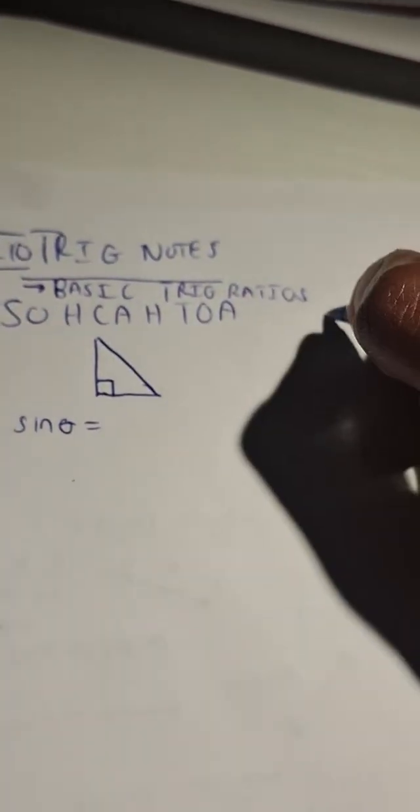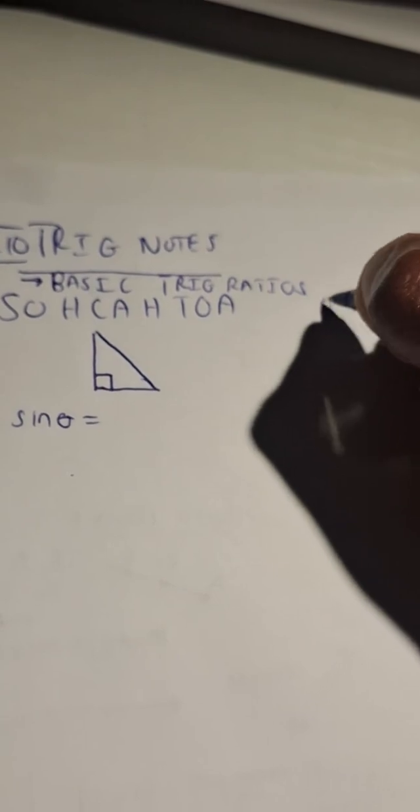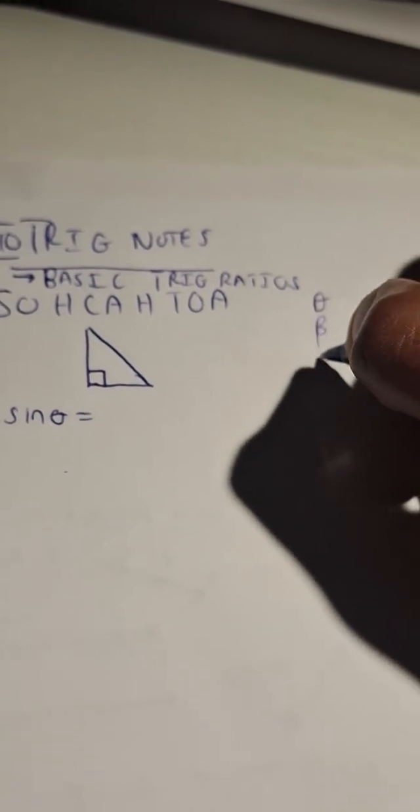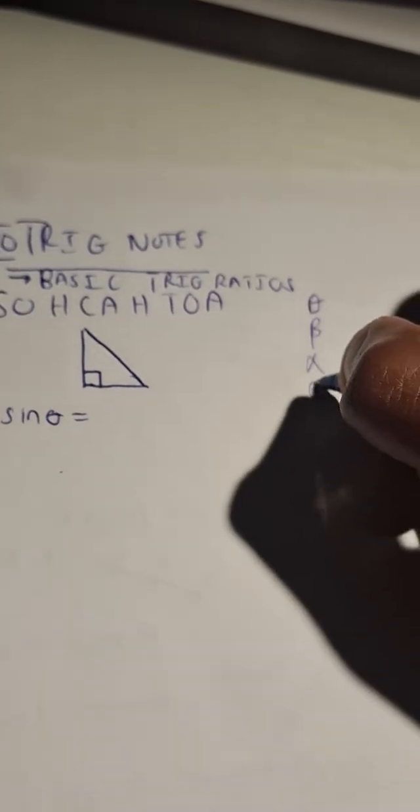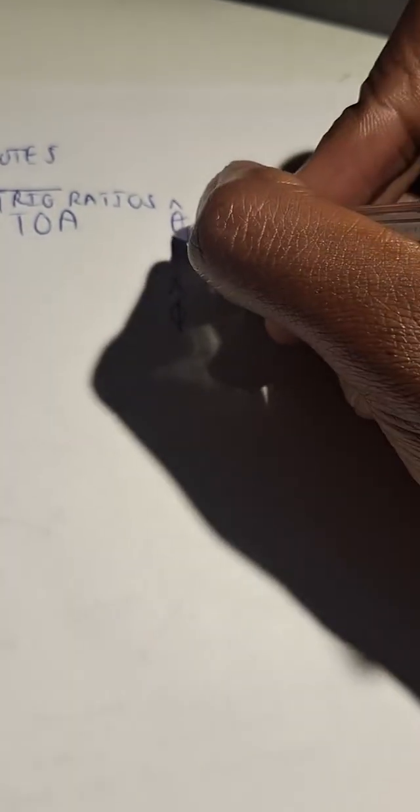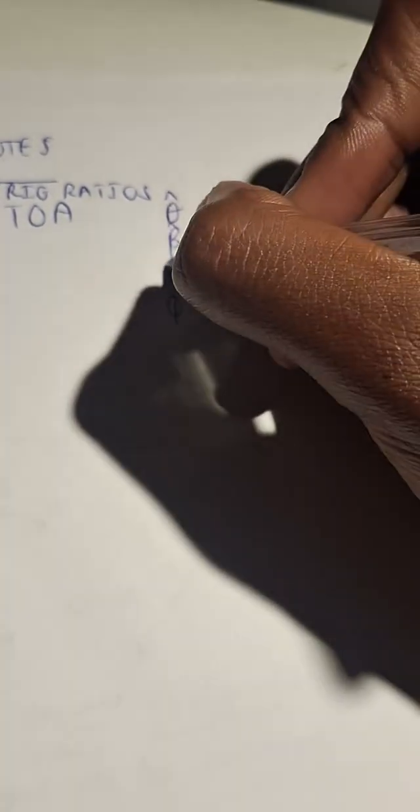Remember, in the Greek, there's theta, there's beta, there's alpha, there's phi, there's many others. But in English, we have letters A, B, C, D, E, F, G, H, I, J, K. All right, they all stand in the place of an angle.